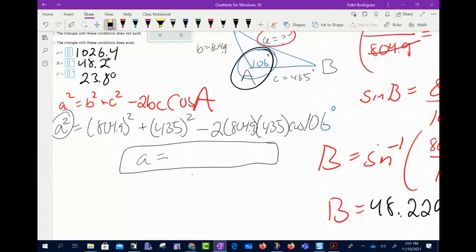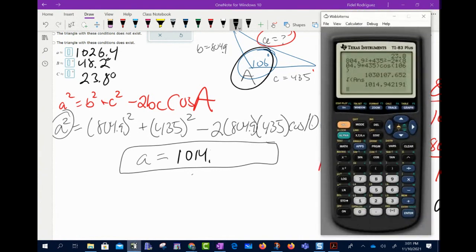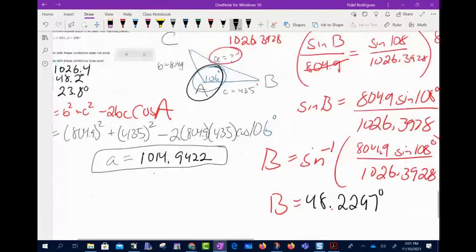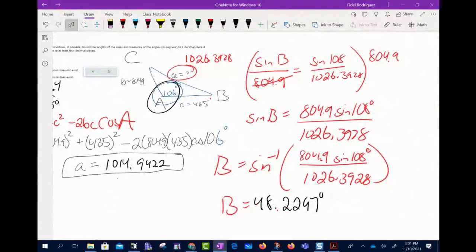Let's fix that real quick. 1014.9422. Right here, this is going to be 1014.9422. That should fix this part, because then I'm going to come back over here, and this is not 108, this is 106. And this number down here is actually 1014.9422.